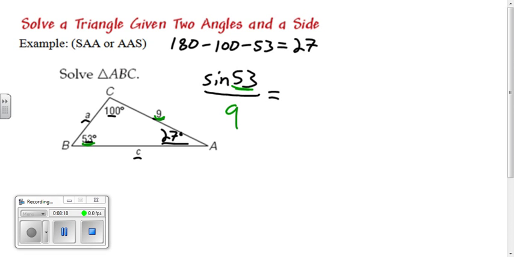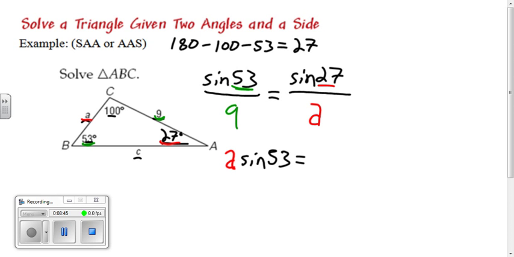Going by the law of sines, we would say that the sine of 53, which we got from over here, divided by 9, that ratio is going to be the same as the sine of 27, which we got from right here, over a. Now, to get a alone, we just cross multiply and divide. So a times sine 53 equals 9 times sine 27, and we just need to divide out sine 53.